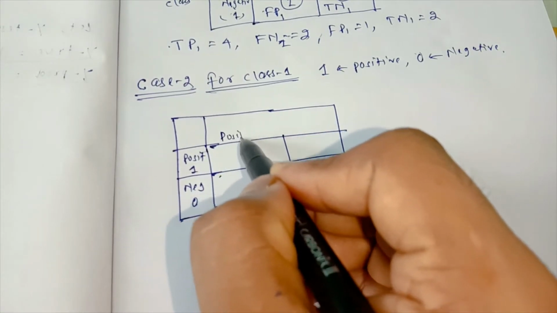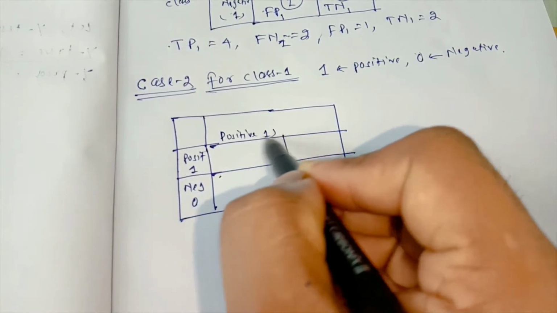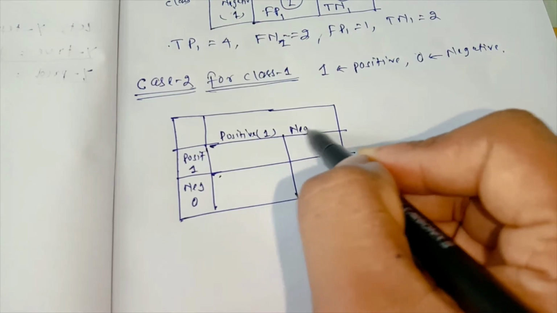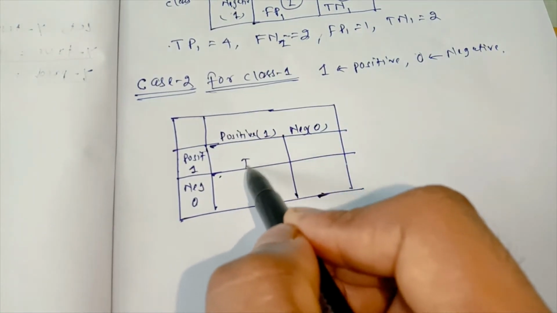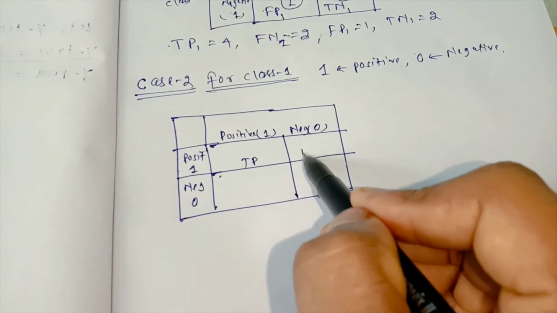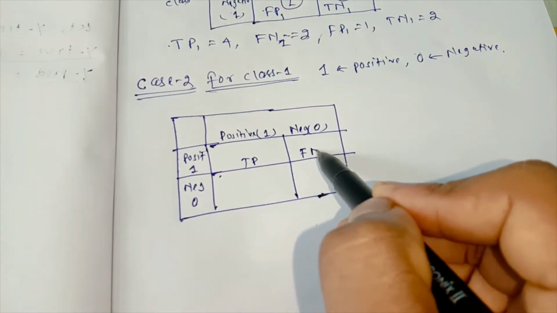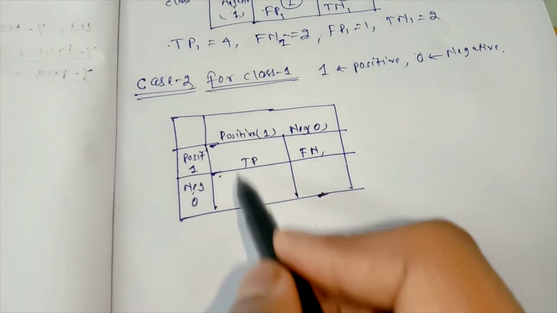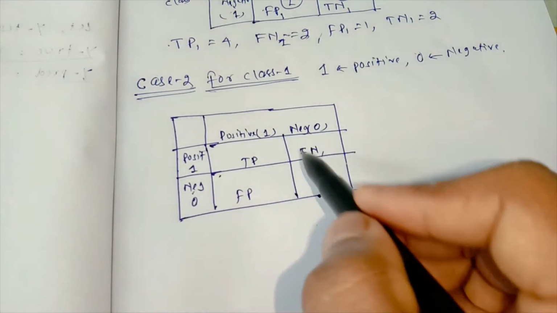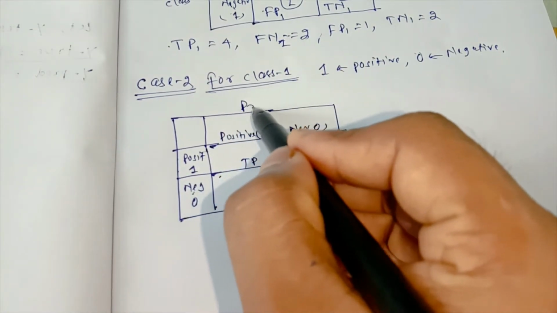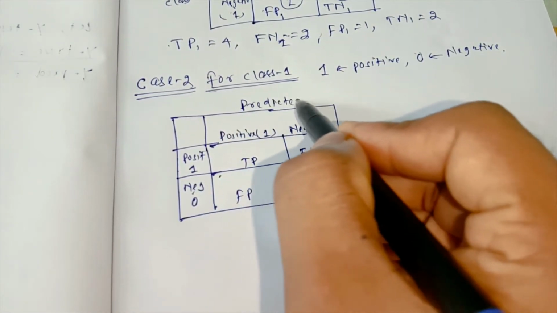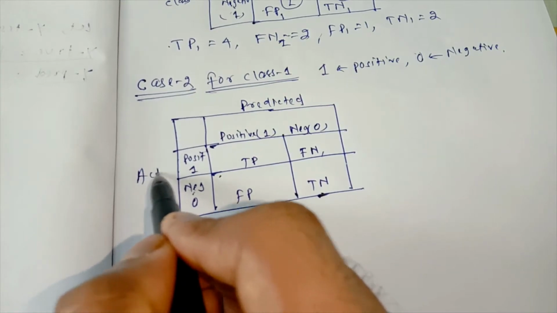This is positive positive, true positive; positive negative, false negative; negative positive, false positive; negative negative, true negative. This is the predicted part and this is the actual part.